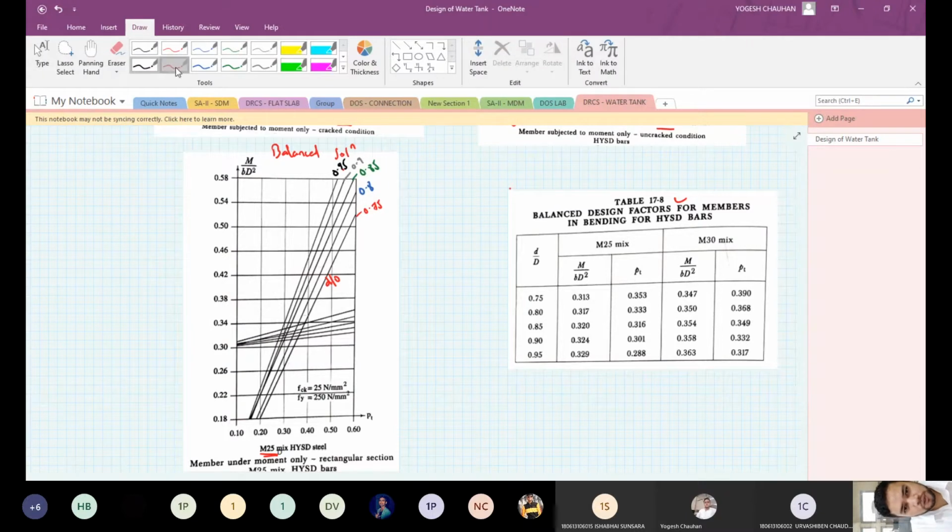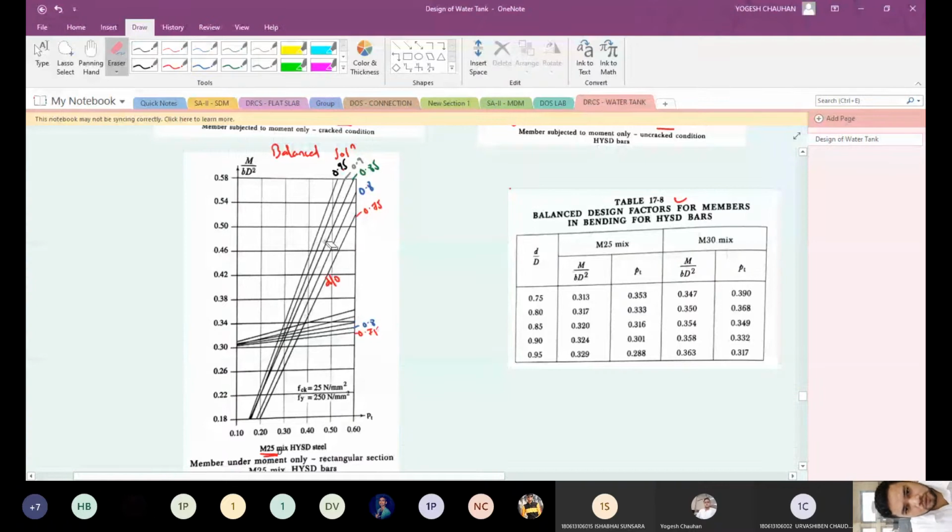In the same way, this is the 0.75, then this is for 0.8, this is for 0.85, this is for 0.9, and this one is for 0.95.